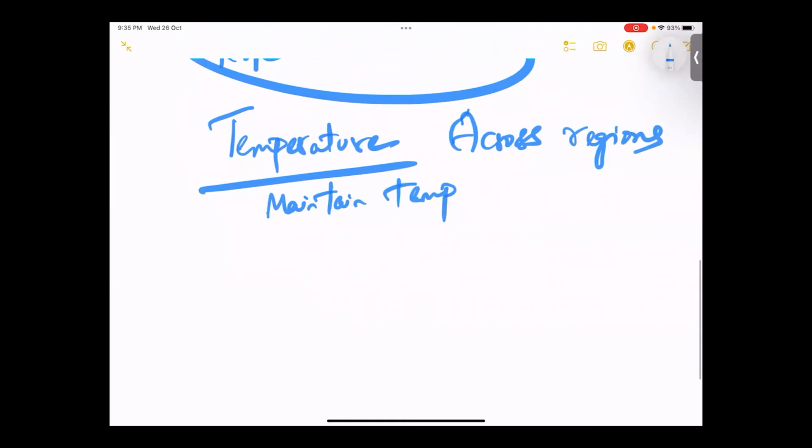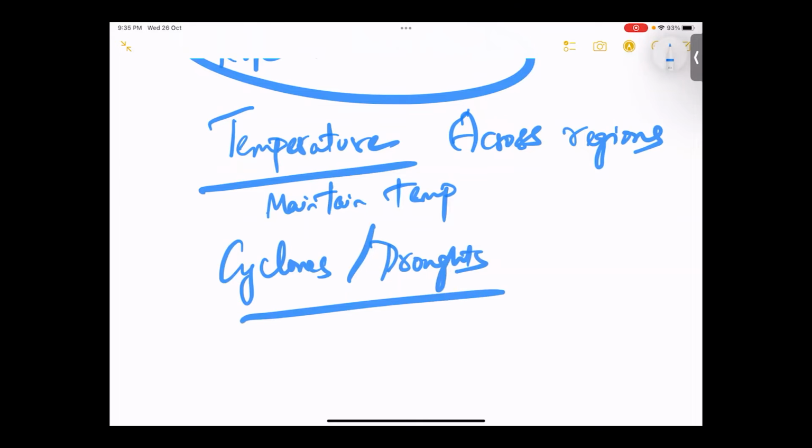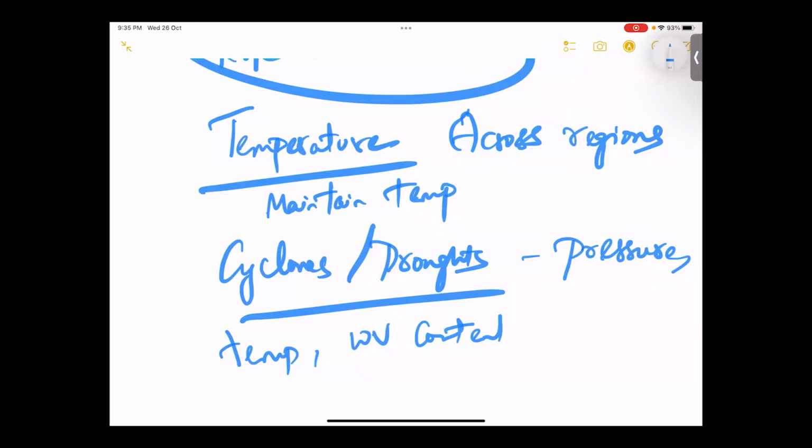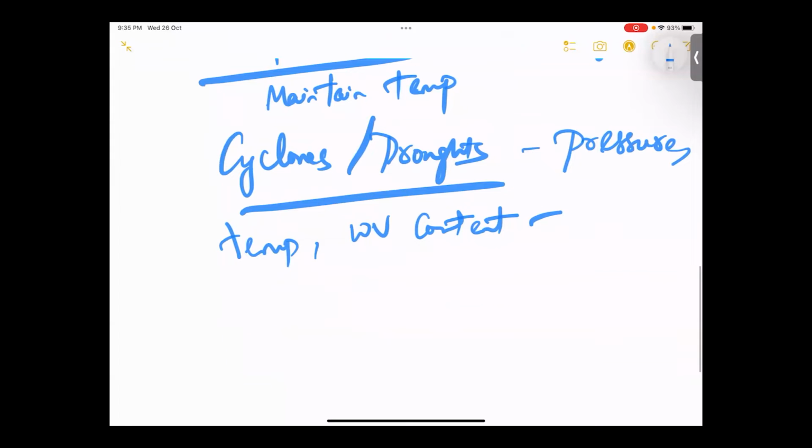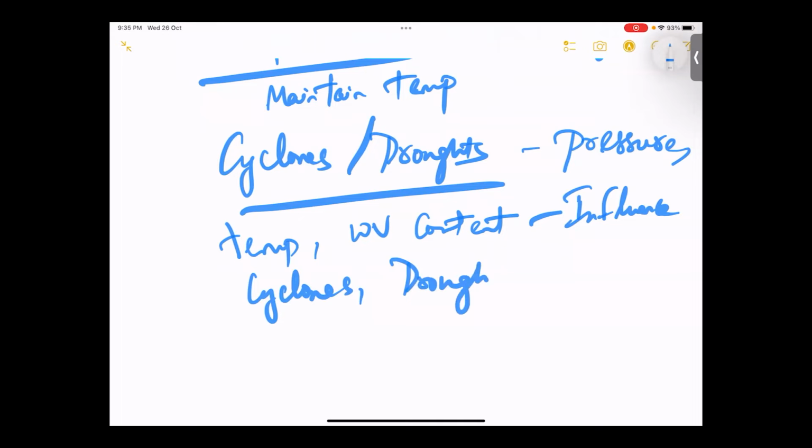And they cause cyclones, or also they cause droughts. Because of the pressure, the temperature, and the water vapor content, they have the power to influence cyclones and droughts. Why does this come?